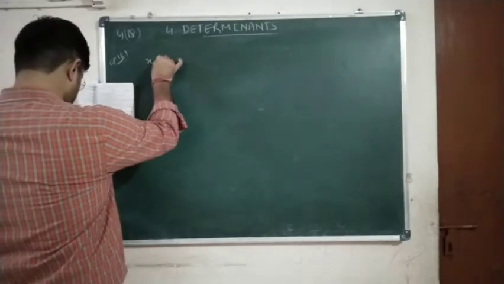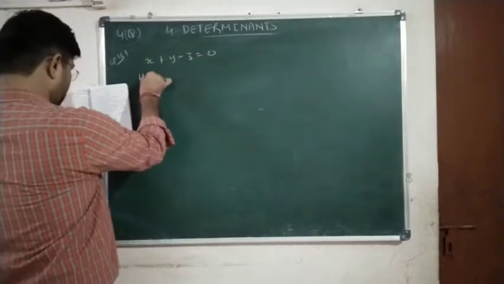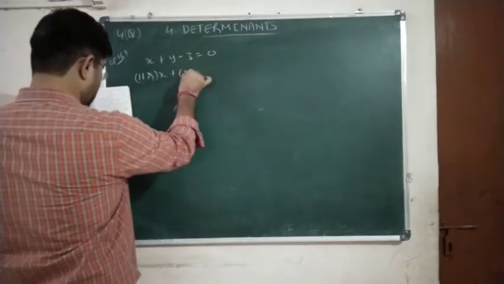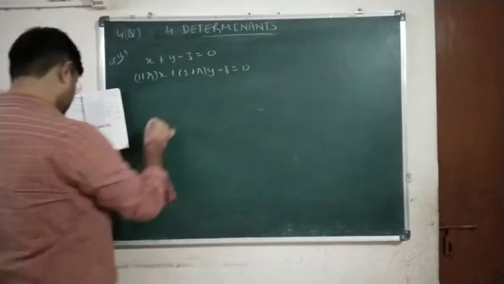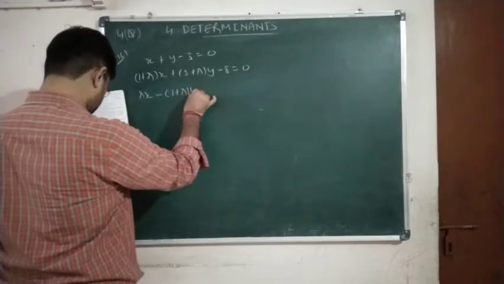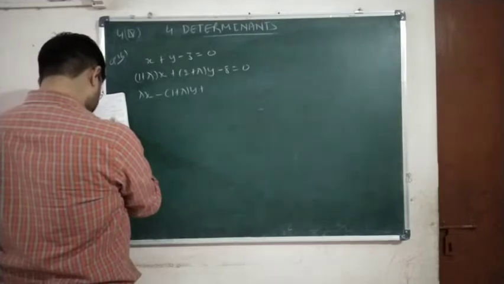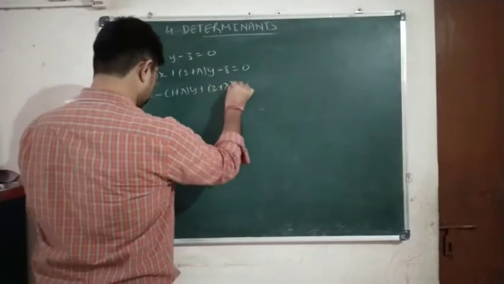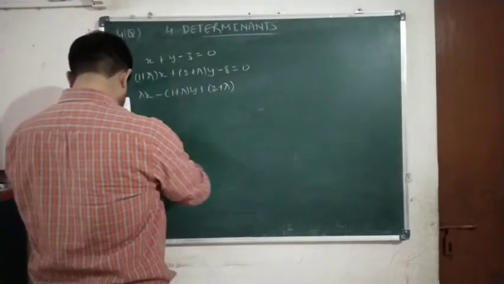The system of equations is given to be consistent: x plus y minus 3 equals 0, (1 plus lambda) x plus (2 plus lambda) y minus 8 equals 0, and lambda x minus (1 plus lambda) y plus (2 plus lambda) equals 0.